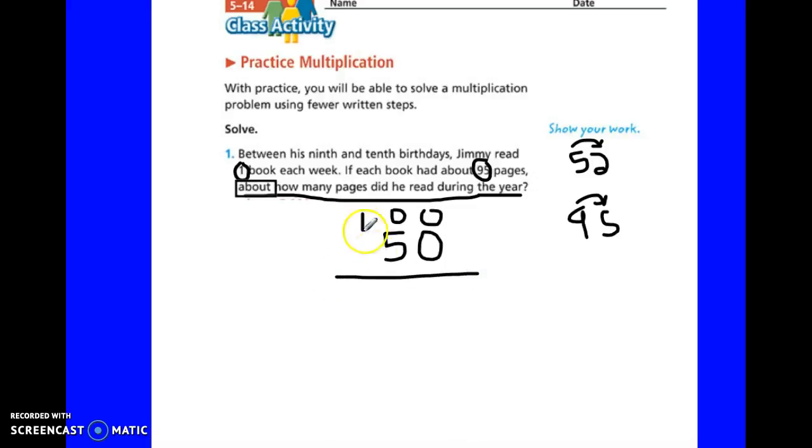And what you should have gotten if you did 1 times 5, you would have gotten 5. And then you had your 1, 2, 3 zeros added on. So it's about 5,000 pages. Now that's not an exact answer, but an estimated answer because it was talking about it being about.